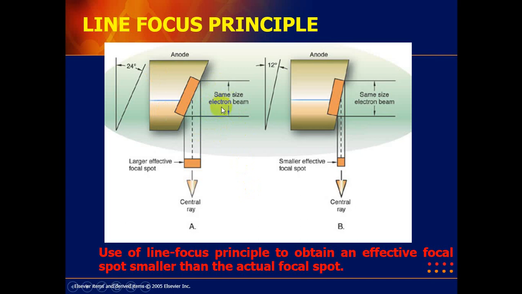Mas malaki siya para mas malaki ang madadaanan ng electrons so that hindi magkakaroon ng overheating ang X-ray tube. And this is the effective focal spot size, mas maliit siya para maganda ang resolution.